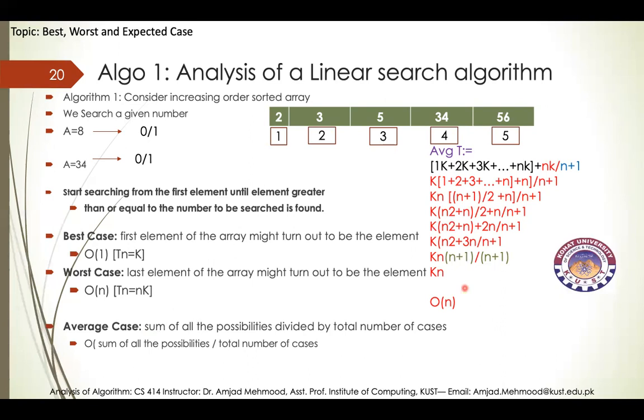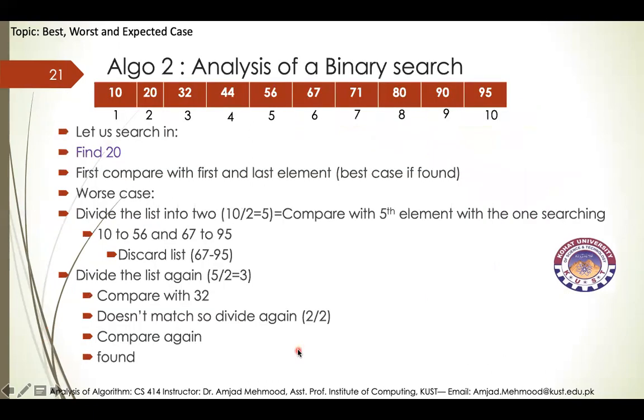I think you understand this: first you have the sum of all the possible occurrences, then you divide by the number of cases. Then you take the big O of that. So big O of the sum of all possibilities divided by the total number of cases.